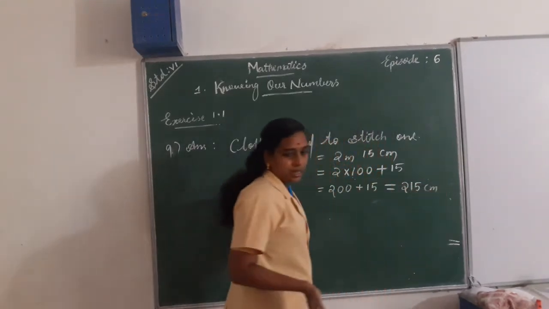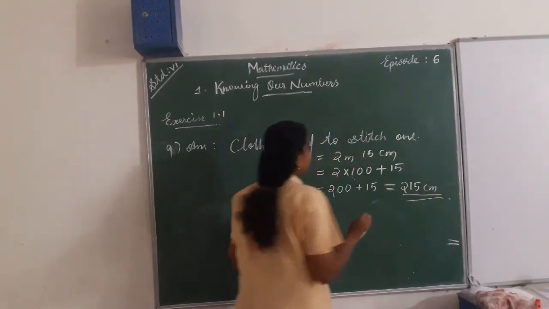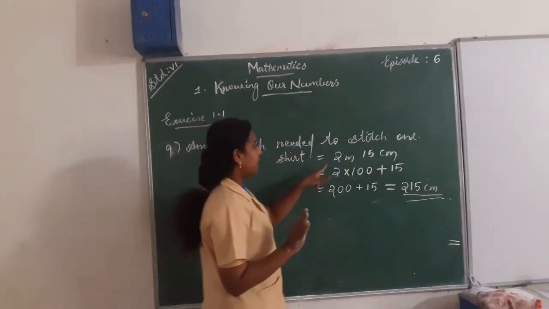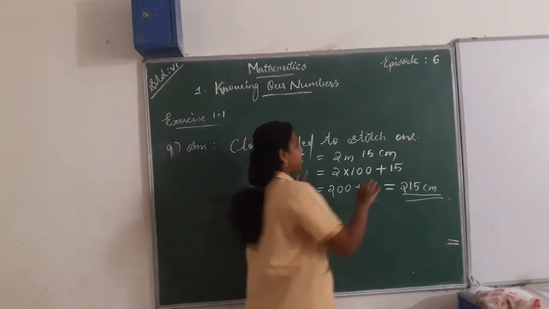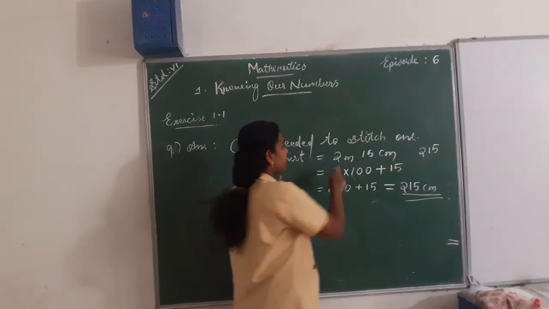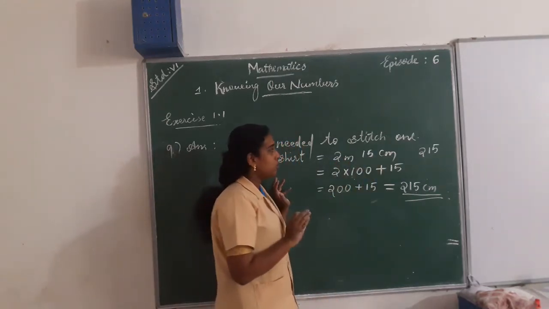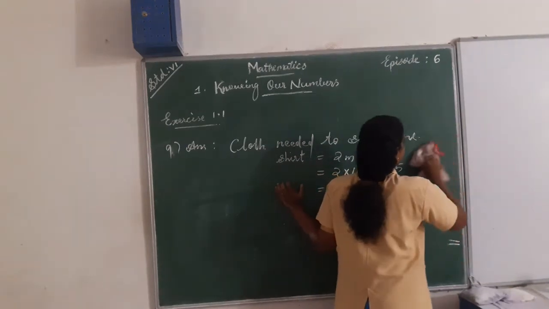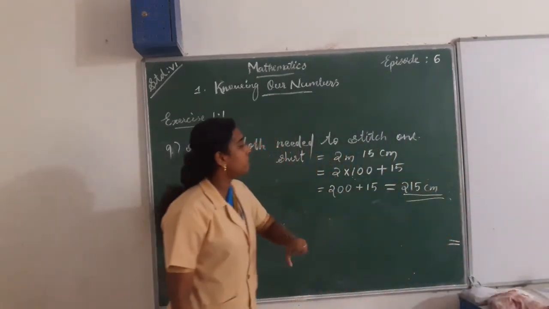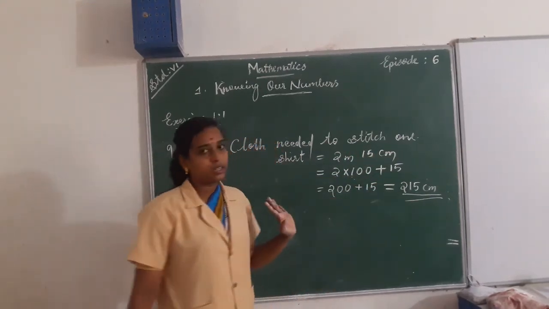215 centimeter. And simply we can write 2 meter 15 centimeter as 215. We can write these numbers together and we get the same answer. So 215 centimeter cloth is needed to stitch one shirt.